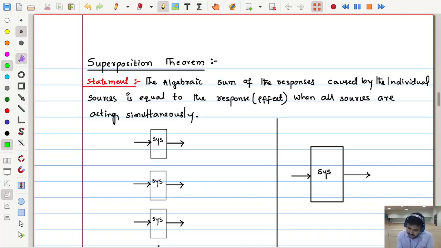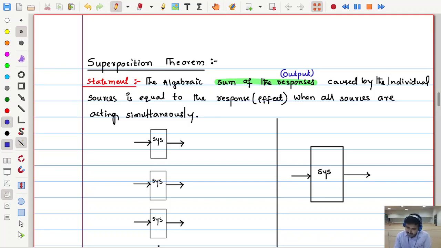First, what we are seeing is the sum of the responses. Try to understand that response means output. And how are we producing the output? By applying some input.